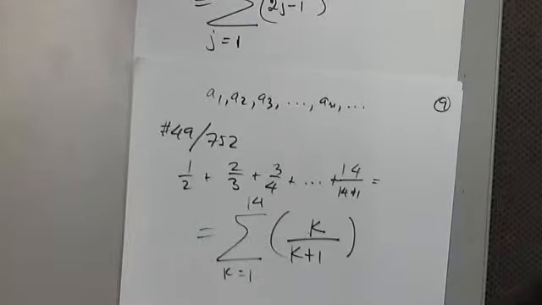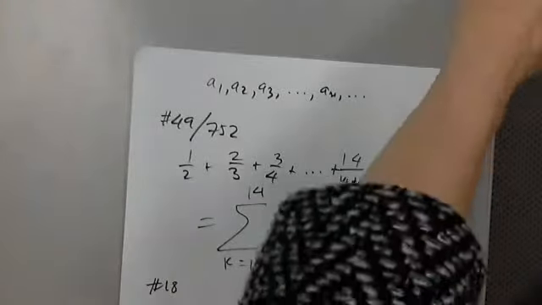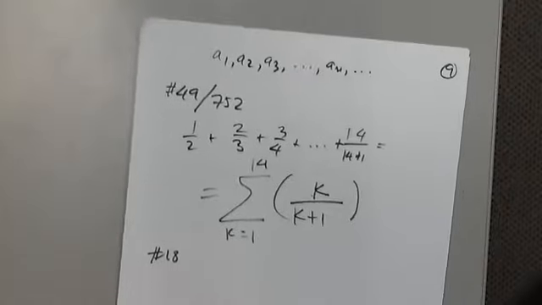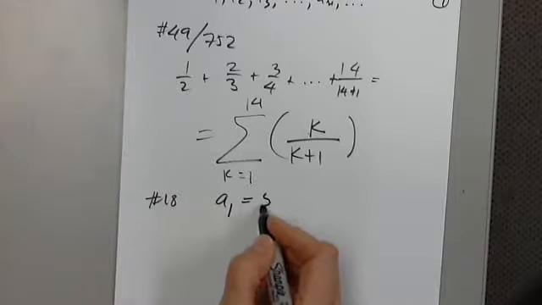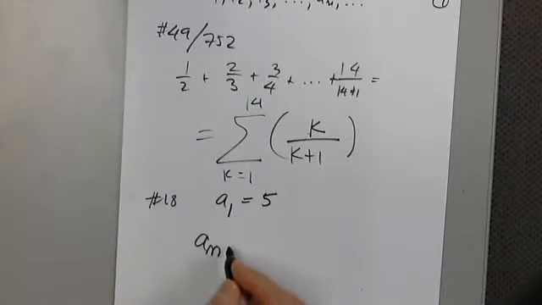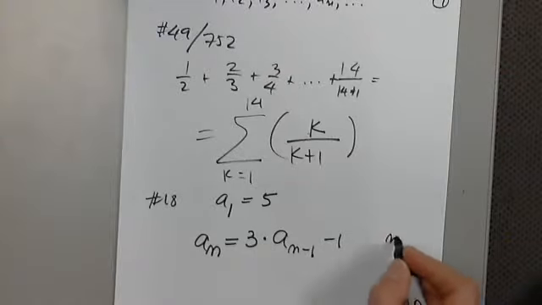And speaking of, just to help me remember this, when we're using a recursion formula like 2a sub n minus 2a sub n minus 1, let me give another example. Let's say 18. In 18 we are given the first term, which is 5, and we are given that the nth term equals 3 multiplied by the n minus first term, minus 1, for any term that starts with 2 and above.